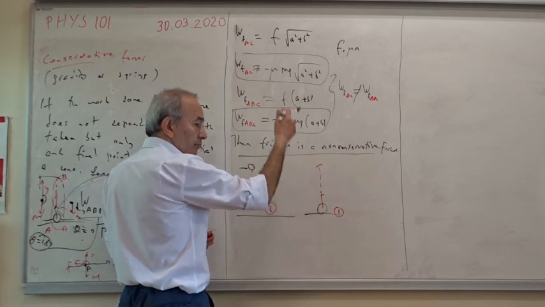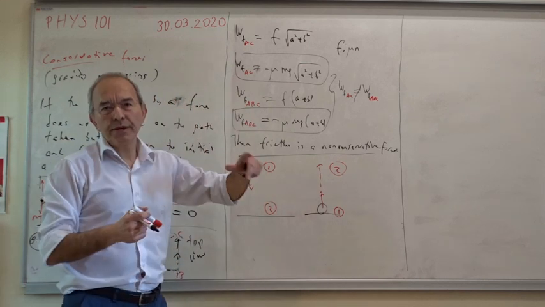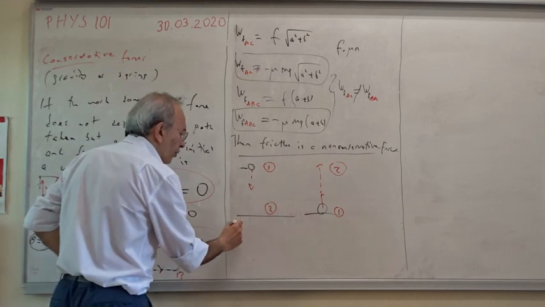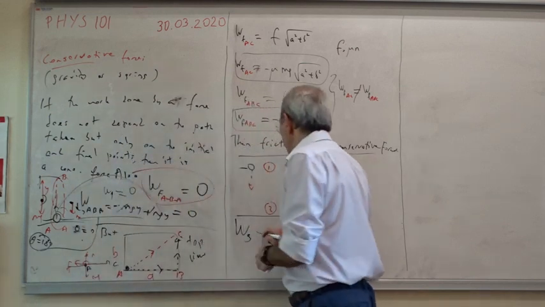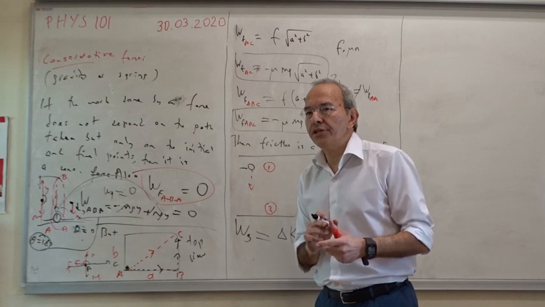It goes to a maximum height, it reaches point 2, and then it comes back, of course. But one or the other. In these cases, we have found the work done by gravity. And this work done by gravity can be equated to the change in the kinetic energy of the object.